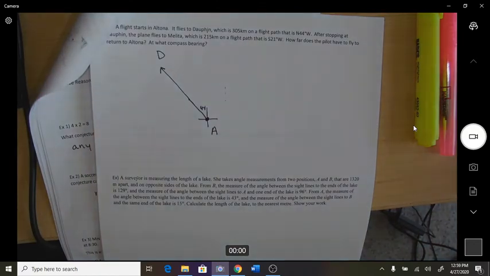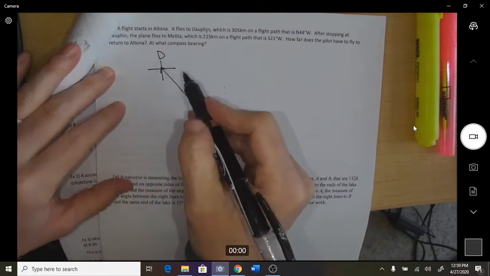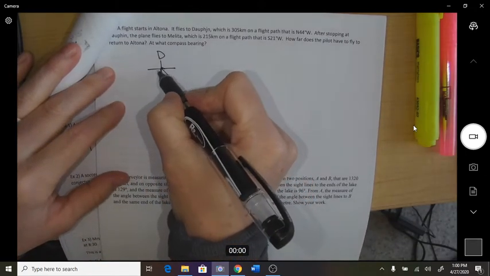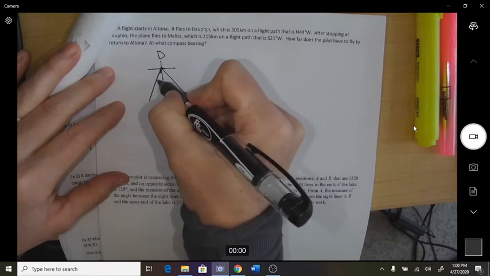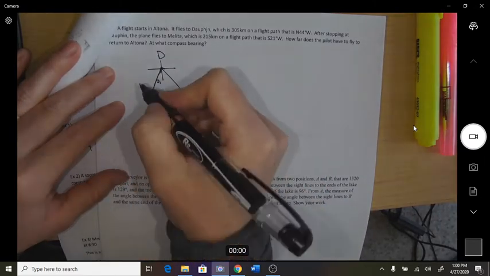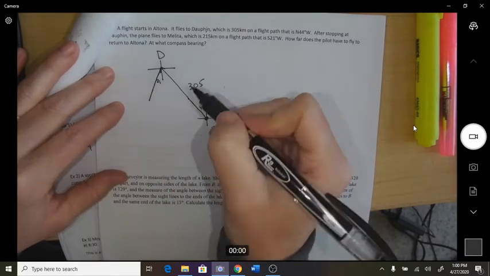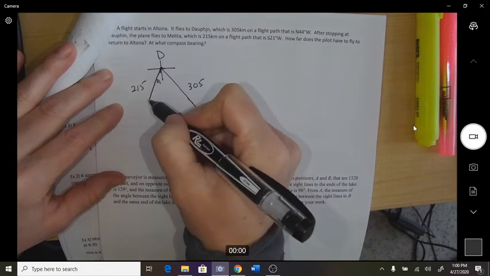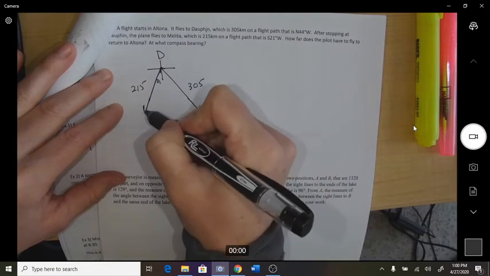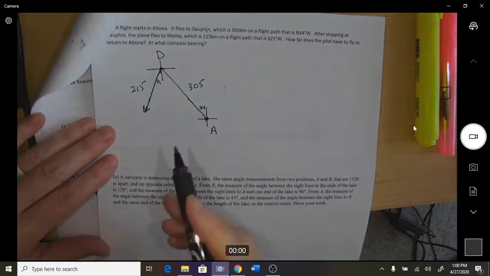After stopping at Dauphin, it flies to Melita, and that's south 21 degrees west. So that would be that. And let's get some numbers here, 305, 215. Okay, so that's what we have.